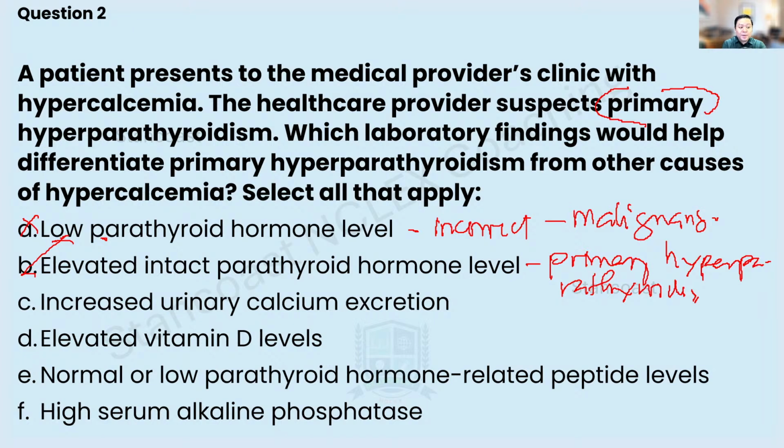What about letter C, increased urinary calcium excretion? Is this correct? Remember that with hypercalcemia, there is going to be polyuria. So when you are selecting increased urinary calcium excretion, this is part of it.